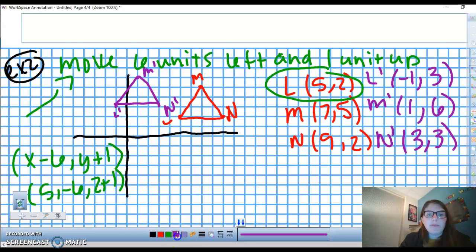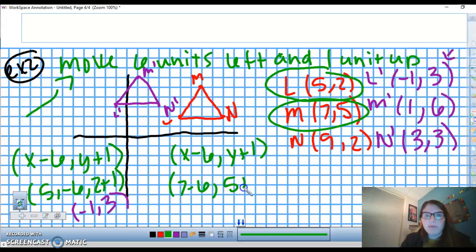That would give me my new ordered pair of -1, 3. And with that same rule, x minus 6 and y plus 1, I plugged in the point for M. So I had 7 minus 6 and 5 plus 1. That would give me my ordered pair 1, 6, which I have right here.